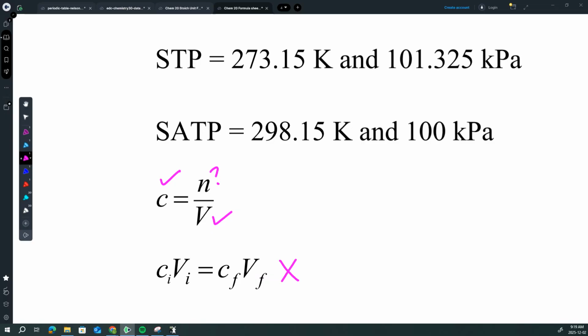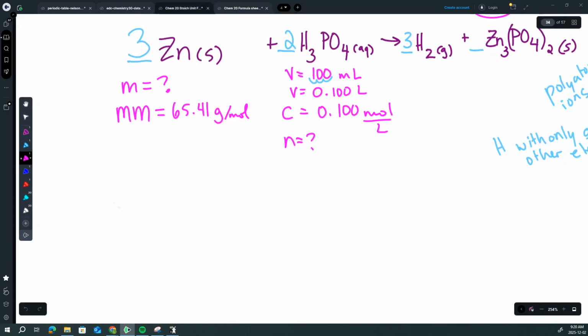We're not going to use C1V1 is equal to C2V2 or CiVi is equal to CfVf because we don't have 2 volumes and we don't have 2 concentrations. So this is the formula that we're going to be using for this calculation to start off with.